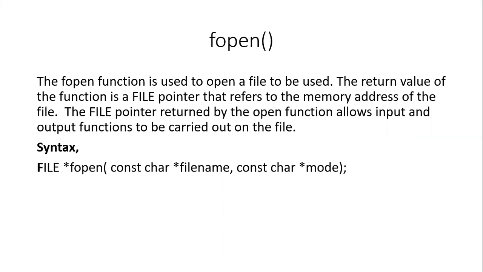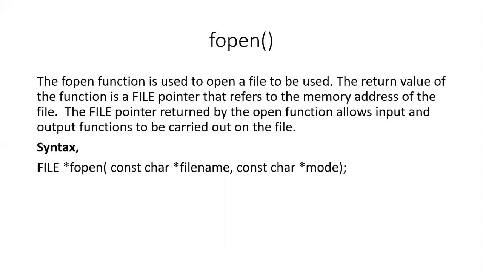fopen is used to open a file for reading. You can open a file for reading in either the text mode or in the binary mode. When you use the fopen function to open a file, the file may either successfully open or it may fail to open. There are many reasons why a file does not successfully open.